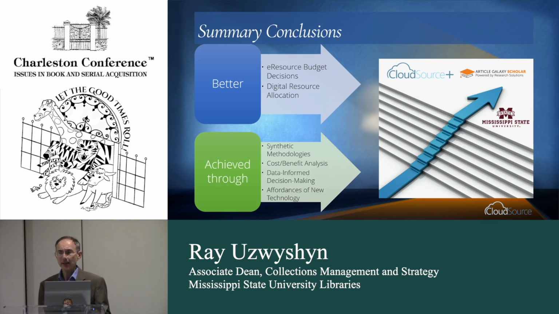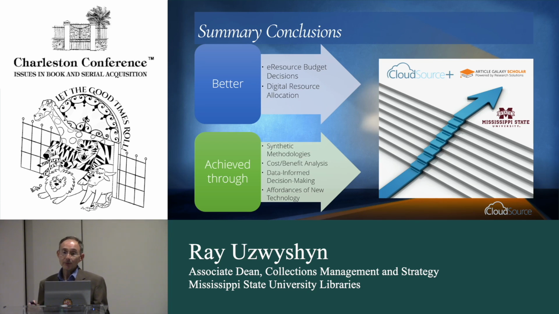So just to make a few conclusions about what I've spoken about and how we're using this. This combination of software allows us to make better e-resources budget decisions, and that's very important at my level as the associate dean. It's all about the budgets and how much you have for the materials budget, and also digital resource allocation, making smarter resource decisions in terms of what you're purchasing.